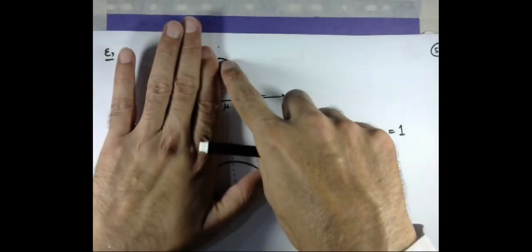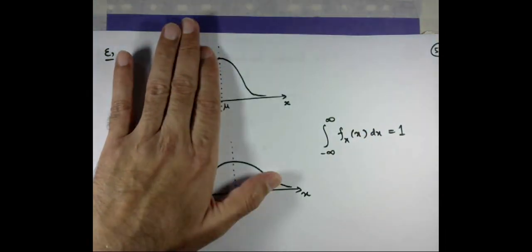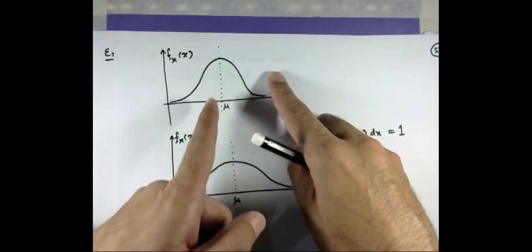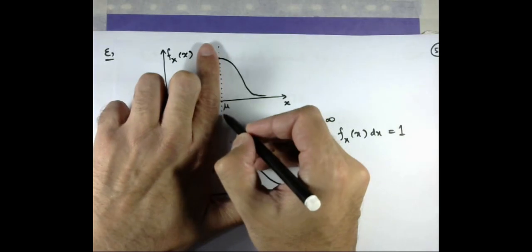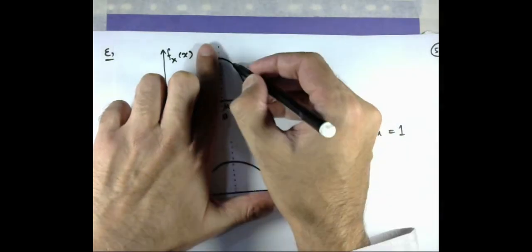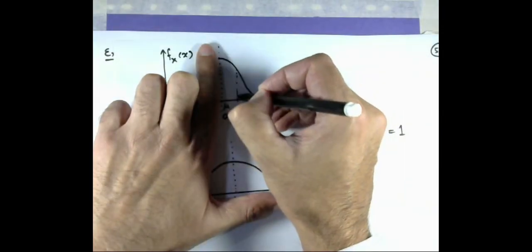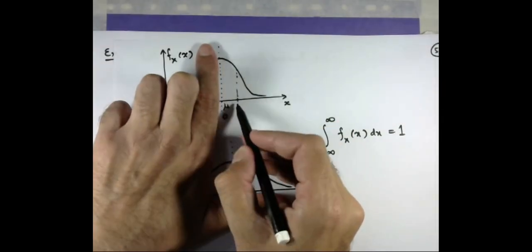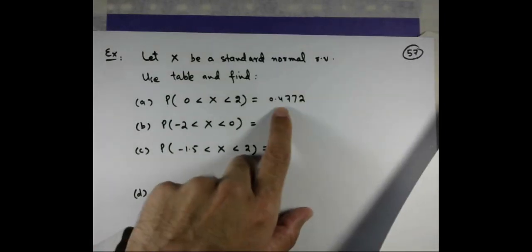We are basically using this part of the probability, and if we know this part of the probability, because of the symmetry, this part is automatically known. So the CDF from 0 to 2 basically means, say if this is 2, the total probability in this interval, which we have just computed, is 0.4772.